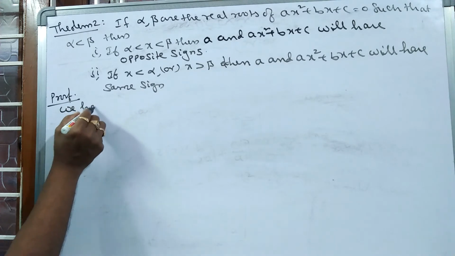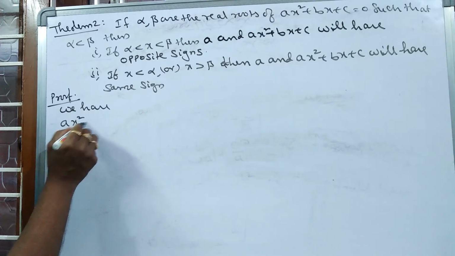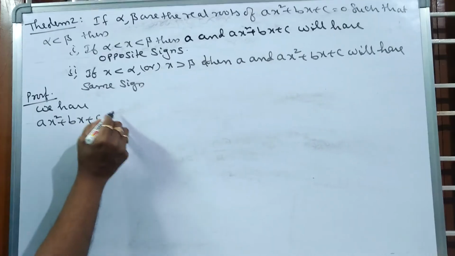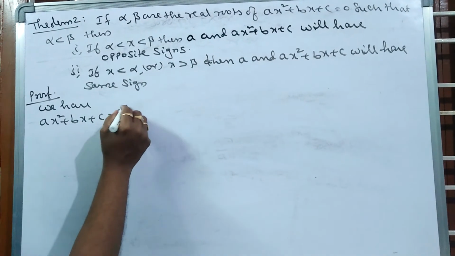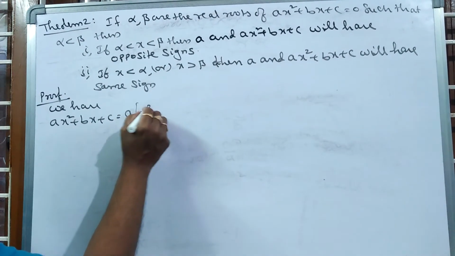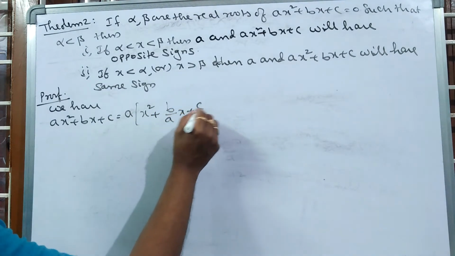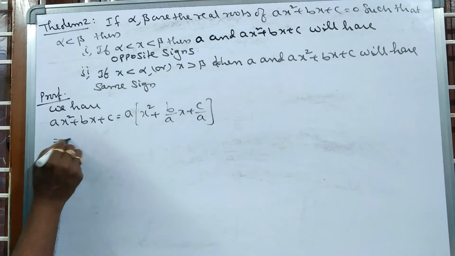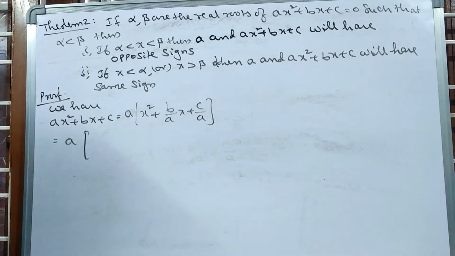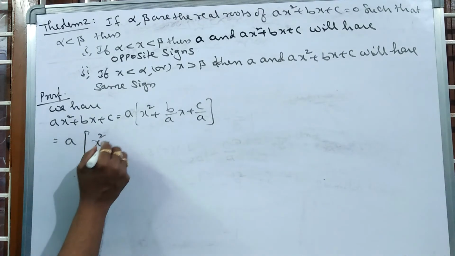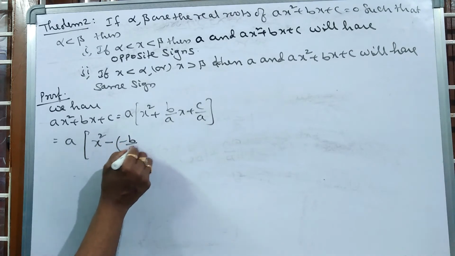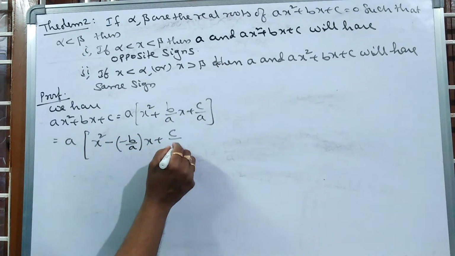So we have ax square plus bx plus c can be written as a into x square plus b by a x plus c by a. This can be written as a into x square minus of minus b by a into x plus c by a.